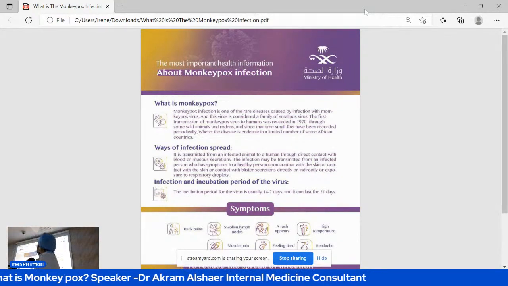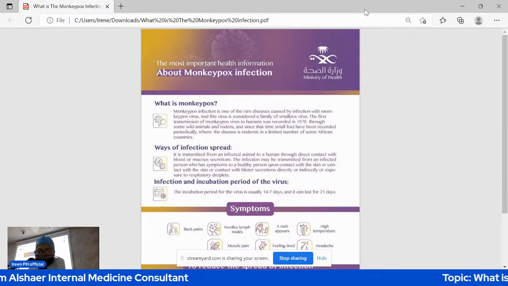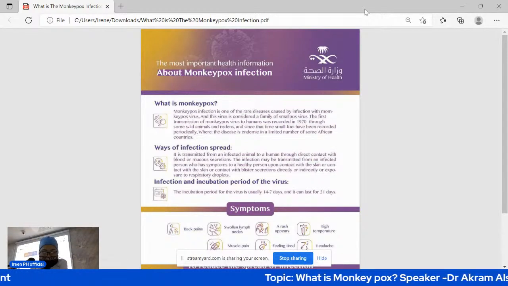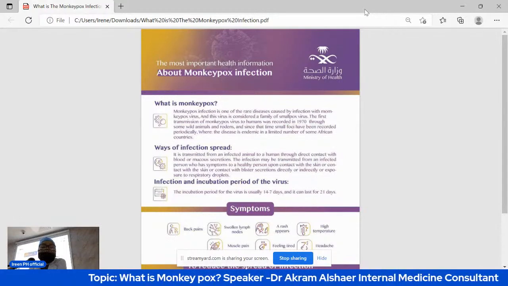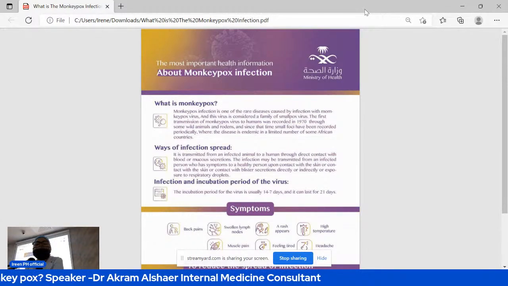Monkeypox infection is a rare disease caused by infection with the monkeypox virus. This virus is considered part of the family of smallpox viruses.